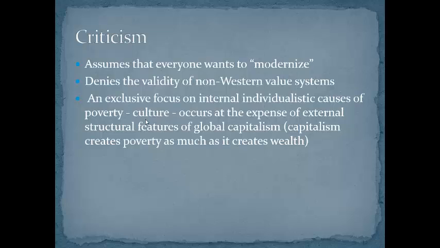So it denies the validity of perhaps non-Western value systems. And so this also, again, the idea that some cultures might be less materialistic than others. They might be seen as more communist in this light, even if it has nothing to do with an economic system, it's a cultural difference.